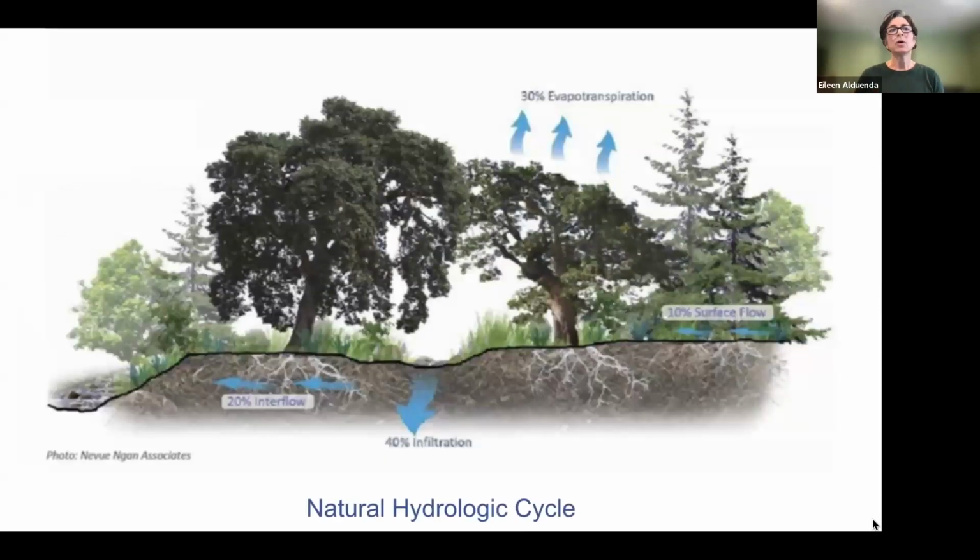Because in a healthy watershed, what we see is the natural hydrologic system where there's high infiltration rates, there's soil, plants, trees working together to manage that rainfall. And in our urban landscapes, that's changed over time.